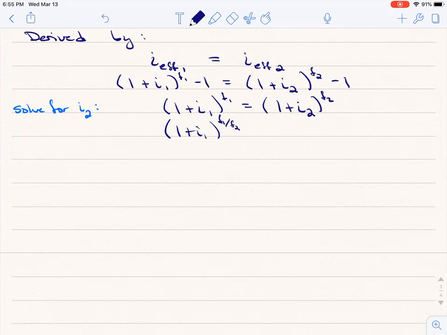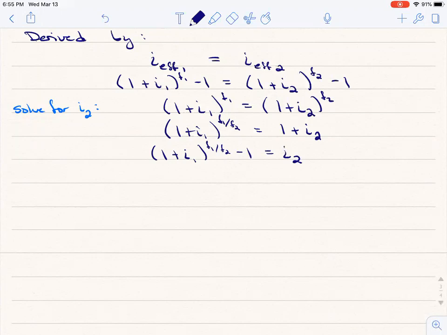That's the same as taking the F2th root of 1 plus I1 to the power of F1, which is 1 plus I2. To get I2 on its own, we subtract 1 from both sides and we get 1 plus I1 to the power of F1 over F2 minus 1 is I2.